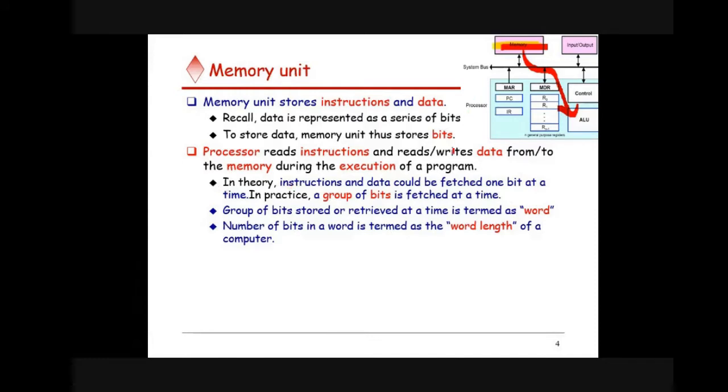So theoretically we were saying the data will be stored in terms of bits, 0 or 1. That 1 or 0 will be directly transferred to the ALU. But usually it is not transferred as a single 1-bit data. Instead, a group of bits together will be taken from memory and given into the processor, the ALU unit.